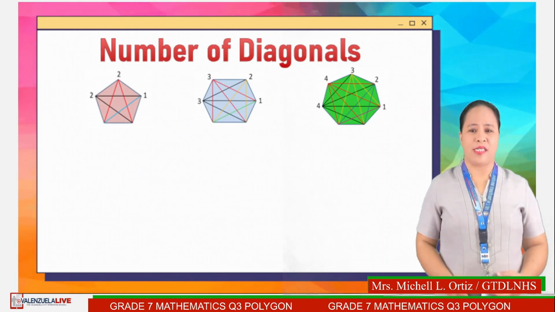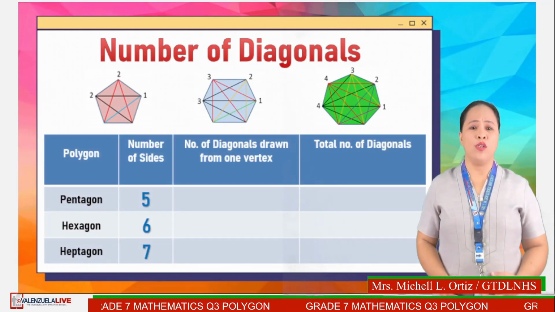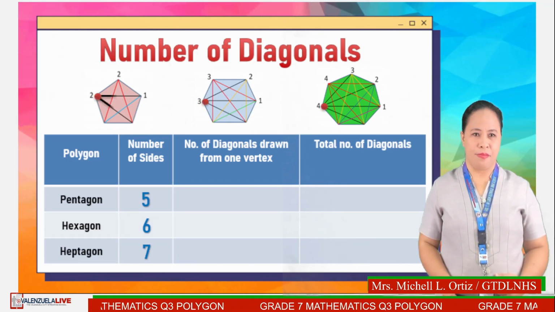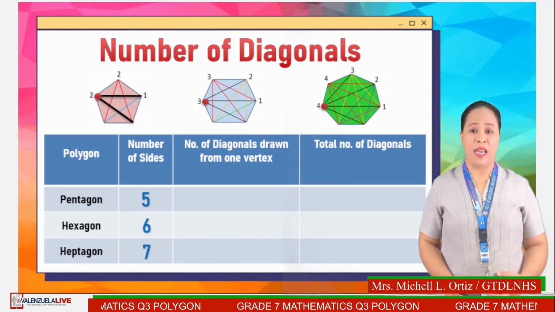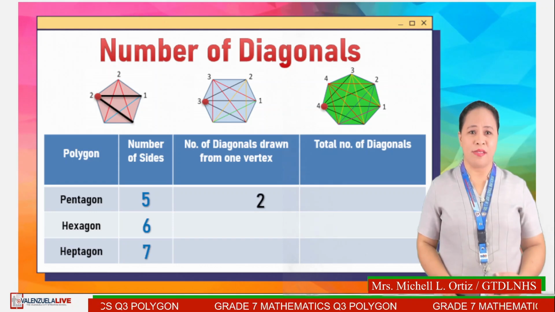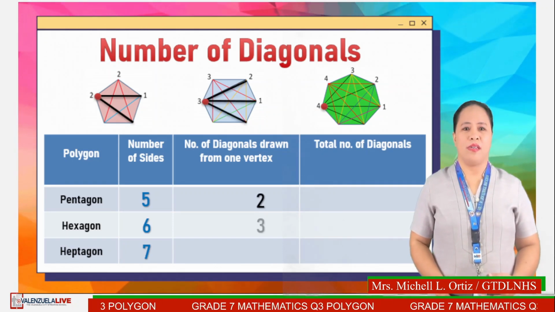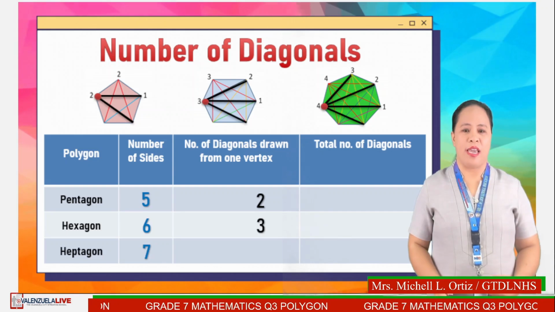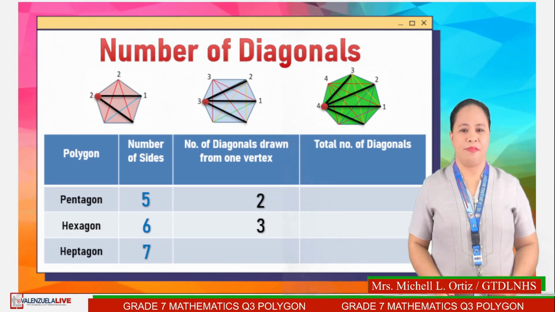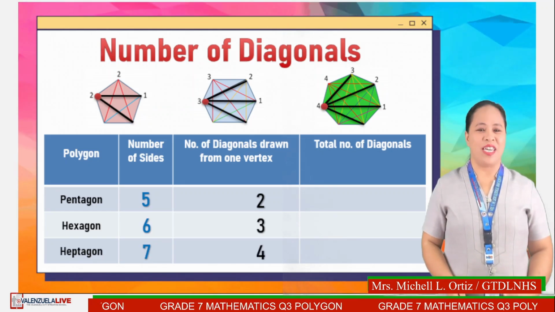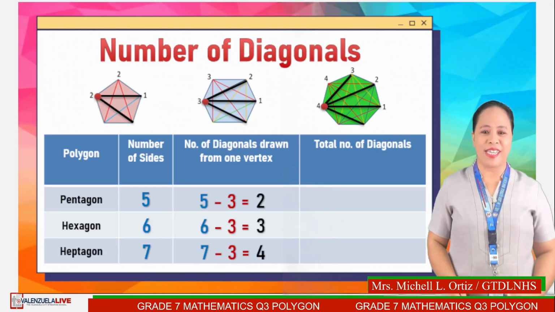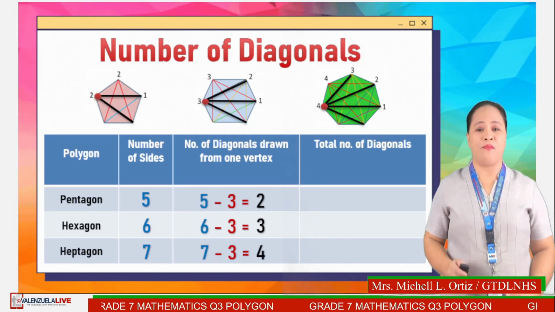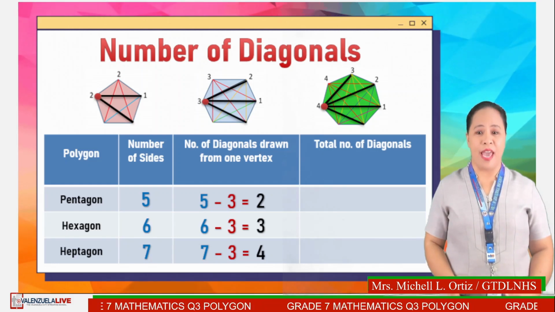From one vertex, we can only draw 2 diagonals in a pentagon, 3 in a hexagon, and 4 in a heptagon, which can be obtained by subtracting 3 from the number of sides or the number of vertices a polygon has.